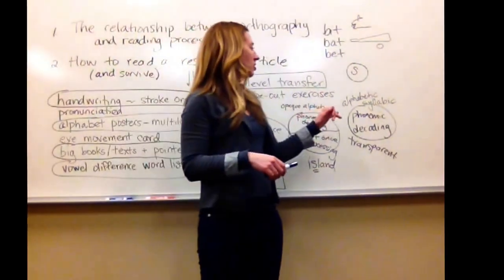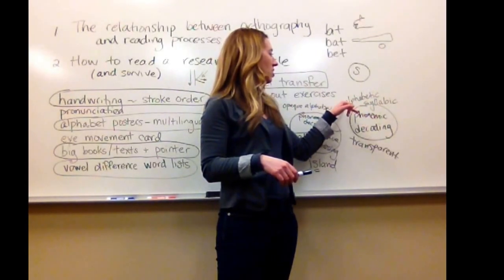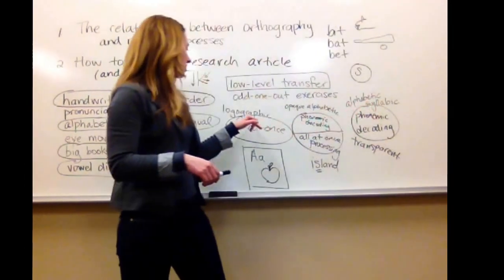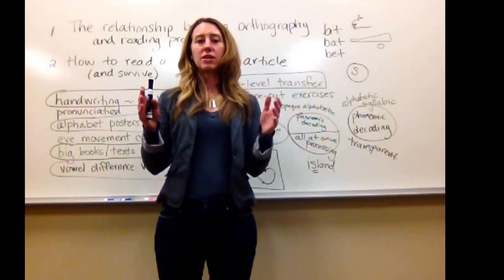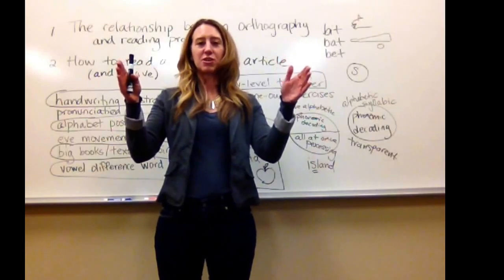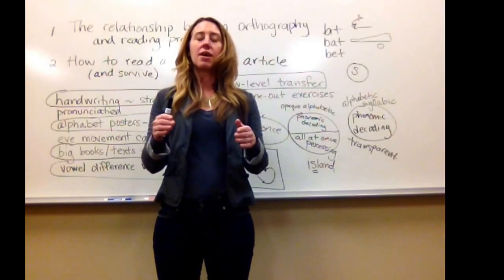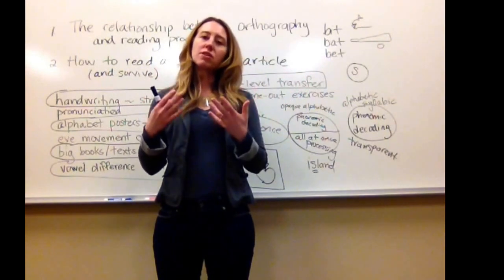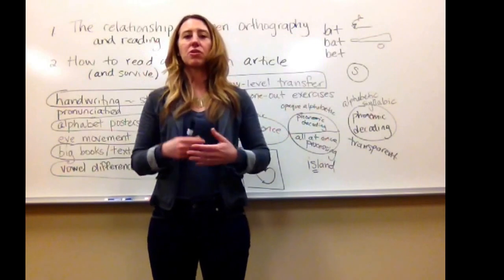If you are working with students who are coming from an alphabetic or a syllabic or a logographic language that reads, instead of from left to right, I'm trying to do it backwards for you, to go the other way, then one thing that they might struggle with is automaticity, fluency with their eye movement.